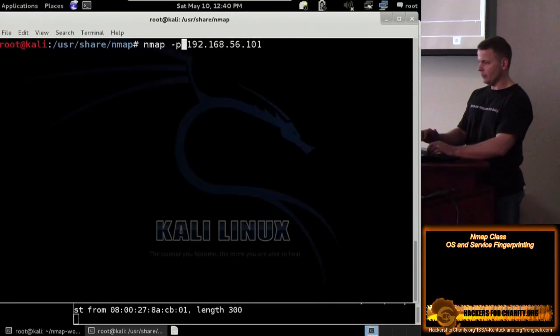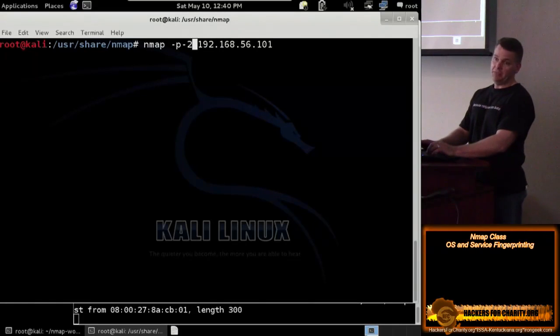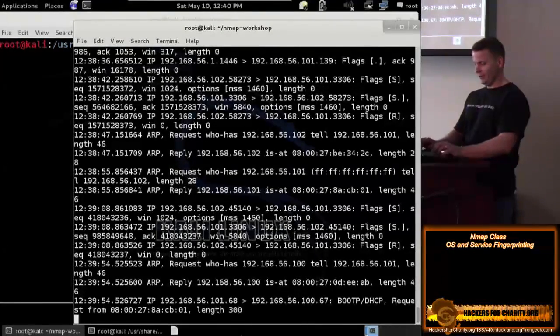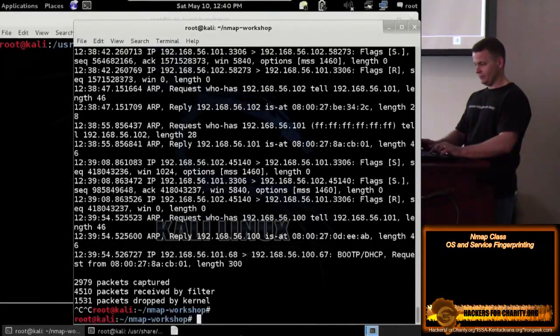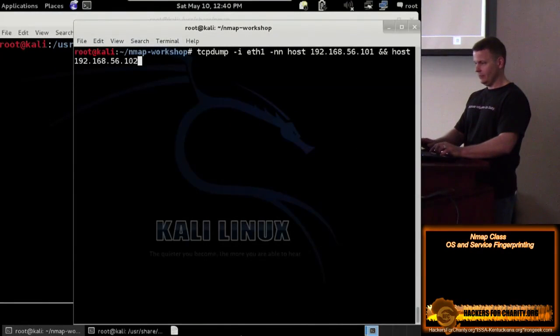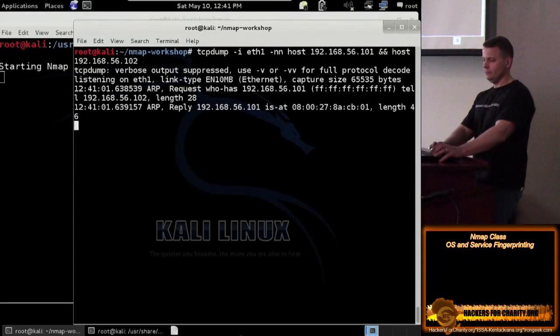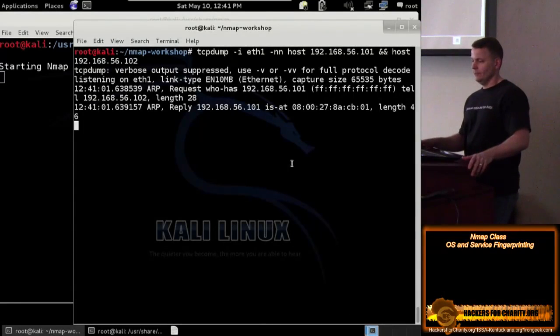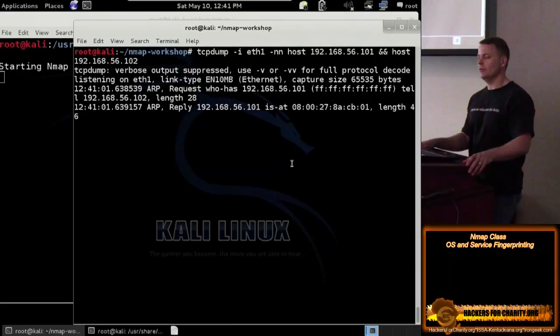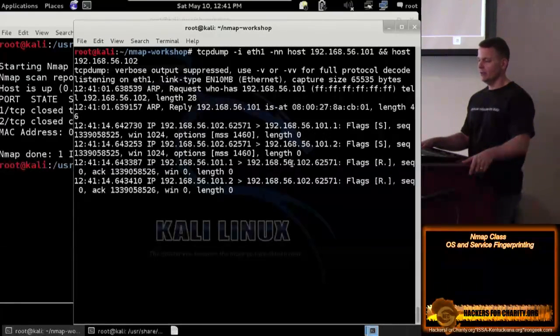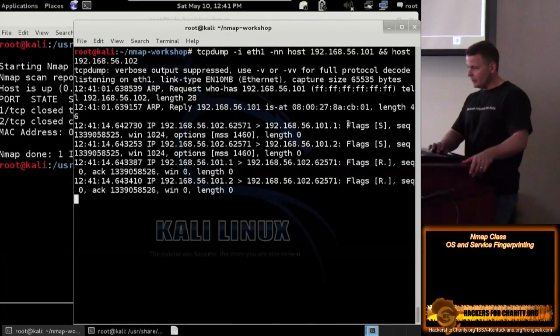And then to test Adrian's theory, I'm going to do a -2, you think? Okay. That's the fun thing about Nmap: with tcpdump it's easy to see what it's doing, so you can just run tests.